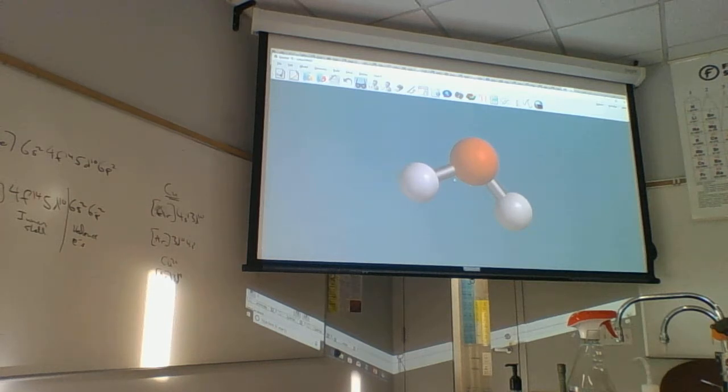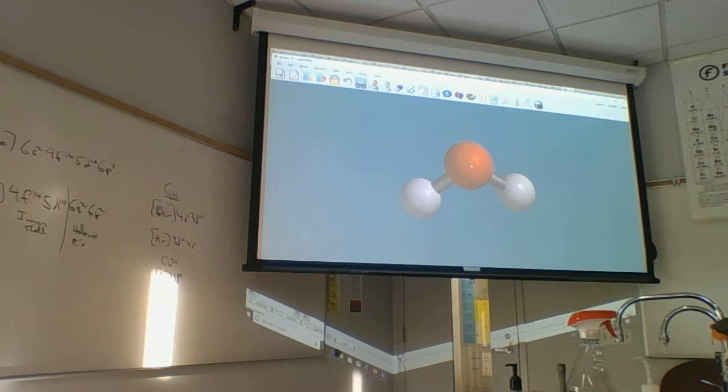What's the ideal angle in water? 109, but there are 2 lone pairs here. 2 lone pairs, each lone pair should distort it by 2. So we're going to draw from 109 to 105. So the only scenarios were 1 lone pair, 2 degrees, 2 lone pairs, 4 degrees.